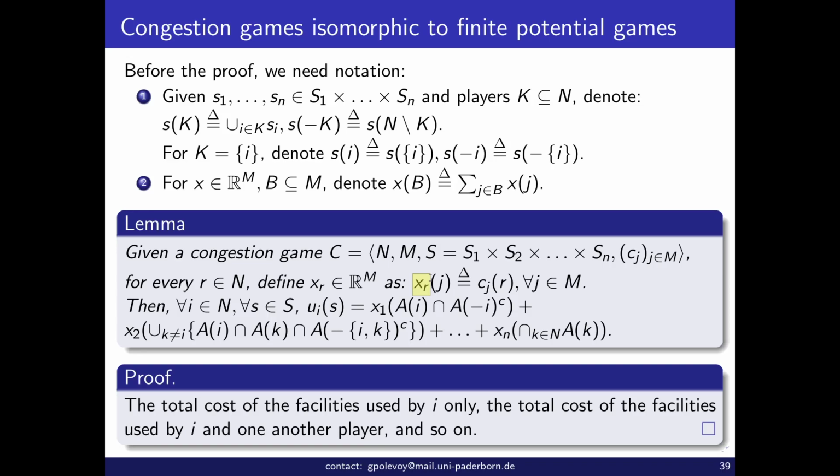So then, for each player, for each strategy profile S, the utility of the player can be expressed as follows. Now we look at all the facilities. Here I've switched to the notation of the paper, and it's going to be confusing, so I'm going to change that.